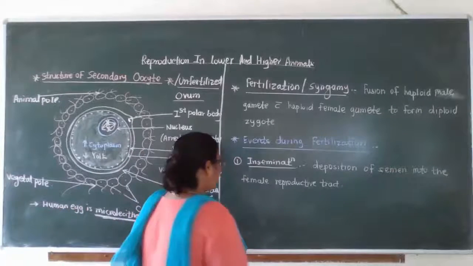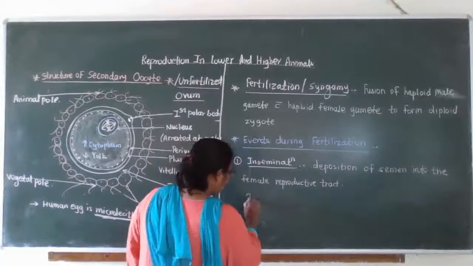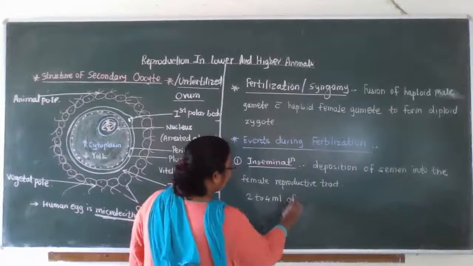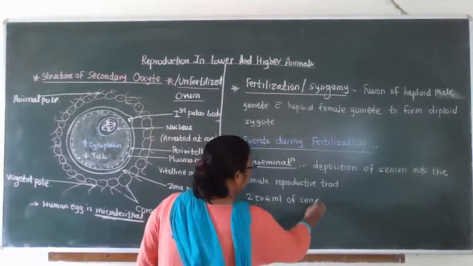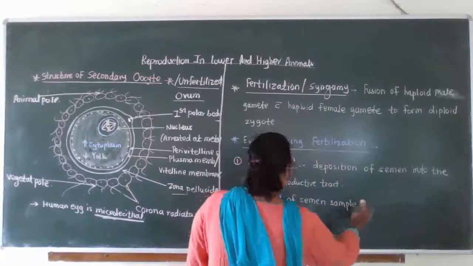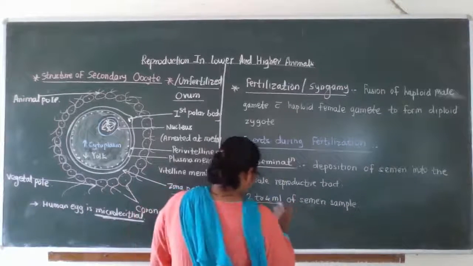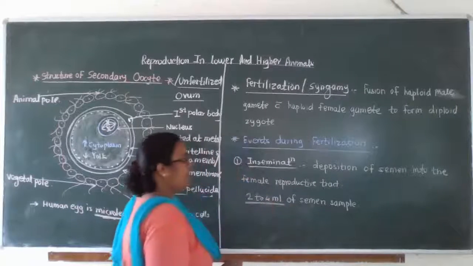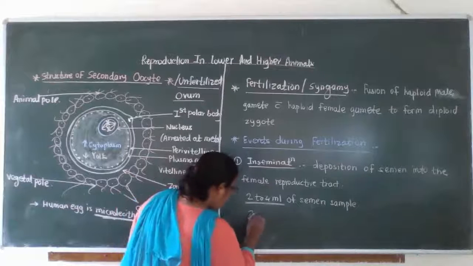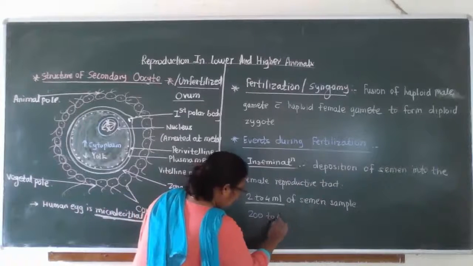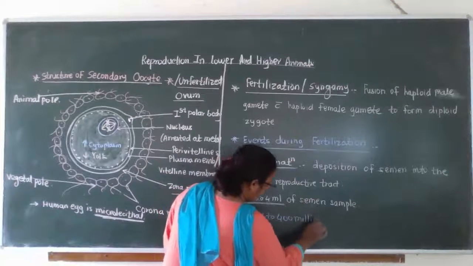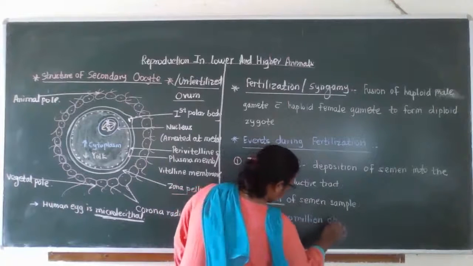During successful intercourse, about 2 to 4 ml of semen is deposited into the vagina of the female, and it may contain about 200 to 400 million sperms.